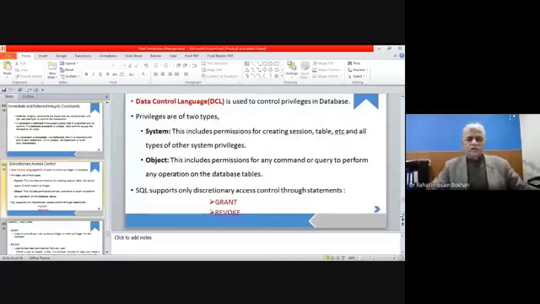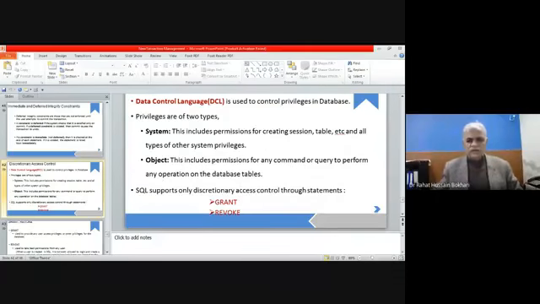So, two SQL commands that we have already discussed are those for privileges that may be given by the database administrator: grant and revoke. Privileges are of two types: system and object. System privileges include permission for creating a session, table, etc., and all other types of system privileges. Object privileges include permission for any command or query to perform any operation on the database.